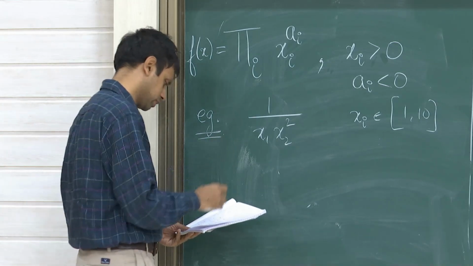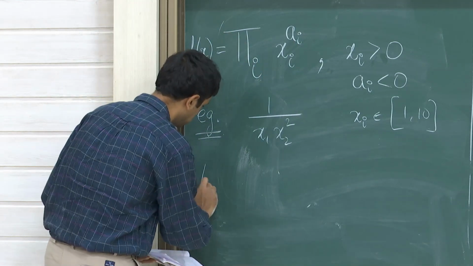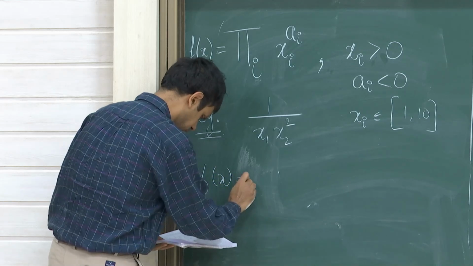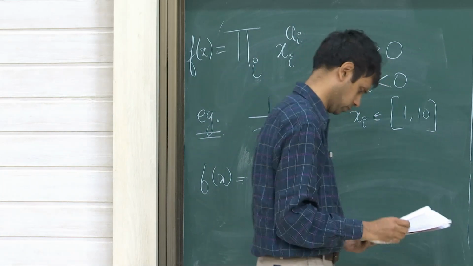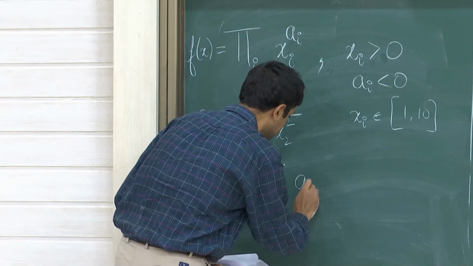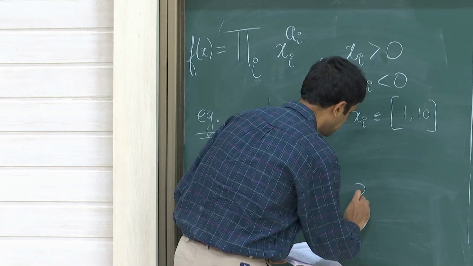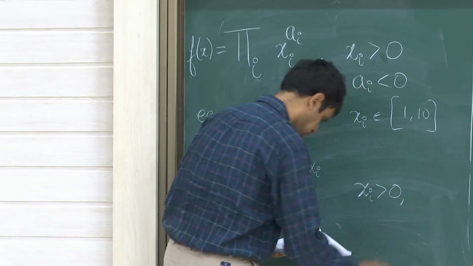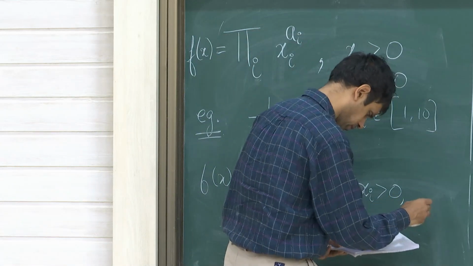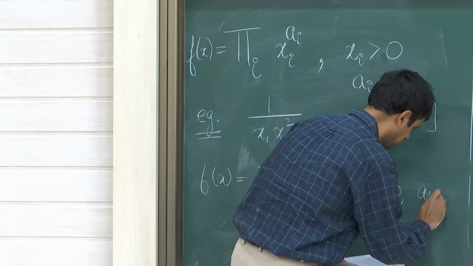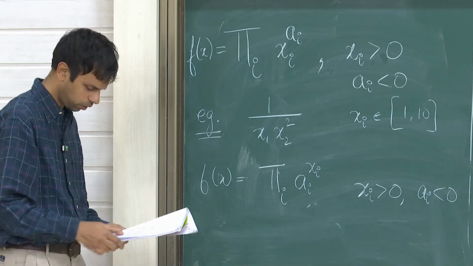Similarly, there are some rules for exponential type of functions. If f of x is equal to the product of ai to the power of xi, where again each of the xi's is strictly greater than 0, and the ai's are negative, then again this function is convex.